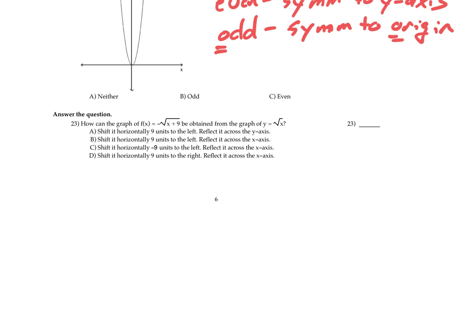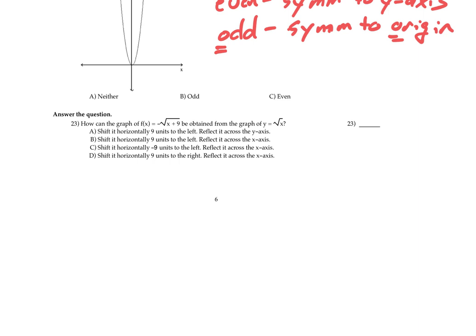Go up? Because it's on the inside. If it was after the radical, it would go up 9. It's going to go opposite. So it's going to actually go left 9. Okay? So the plus 9 is under the radical, then it's going to go left or right, but it's going to go opposite. So it's going to go left 9, and then you do have a negative out in front here, and that's going to reflect it over the x-axis. So there's two changes that are happening here.